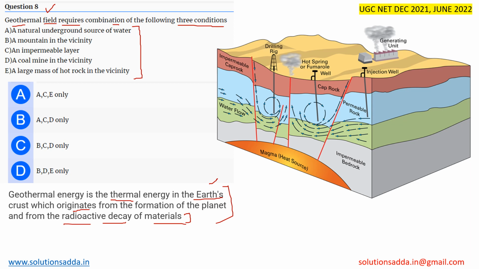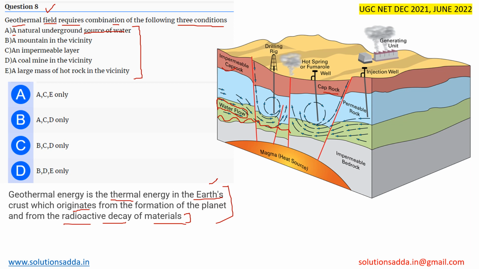The first condition states a natural underground source of water. Of course we need that, because when we dig up in the earth we somehow get the water. As you can see in the picture as well, there is a water flow under the earth, and above that there is an impermeable cap rock, or simply cap rock.